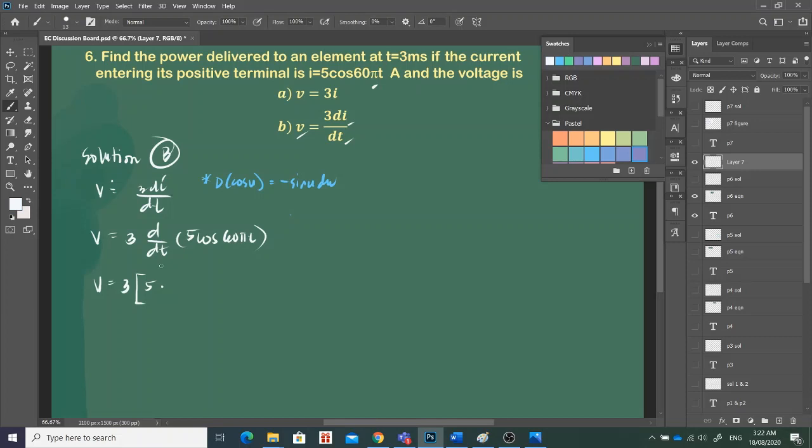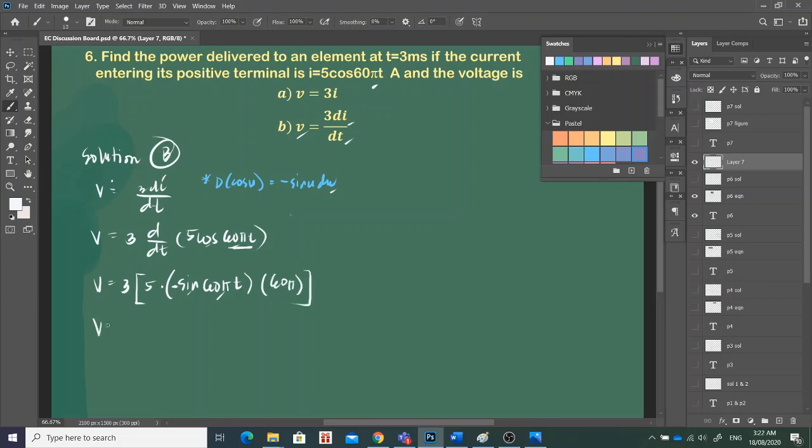Balik tayo, differentiate natin. That is sine 60 pi t, kopyahin mo lang, tapos gawin mong negative, multiplied by the derivative ng u niya, ang u niya ay 60 pi t. So, that is 60 pi.